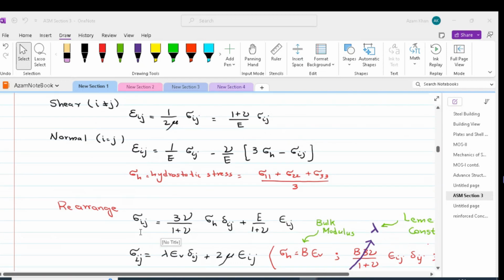Similarly, we can have a general stress equation, which is sigma ij equal to 3 nu divided by 1 plus nu into sigma h delta ij plus E by 1 plus nu epsilon ij. Now, sigma h is the hydrostatic stress, as we discussed. Delta ij is actually what's called the Kronecker delta.